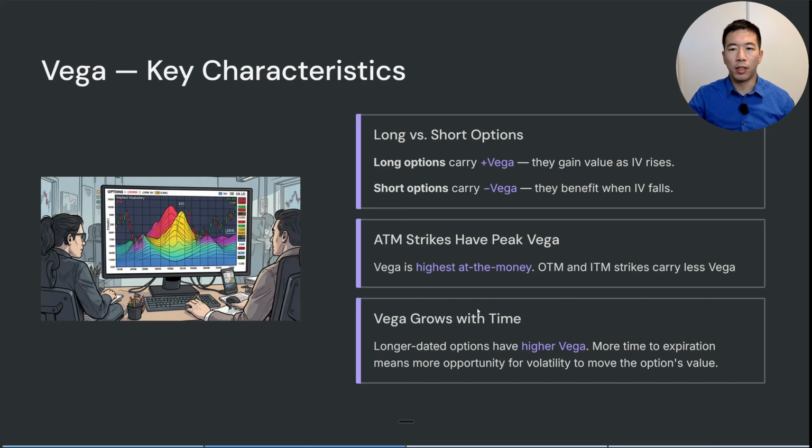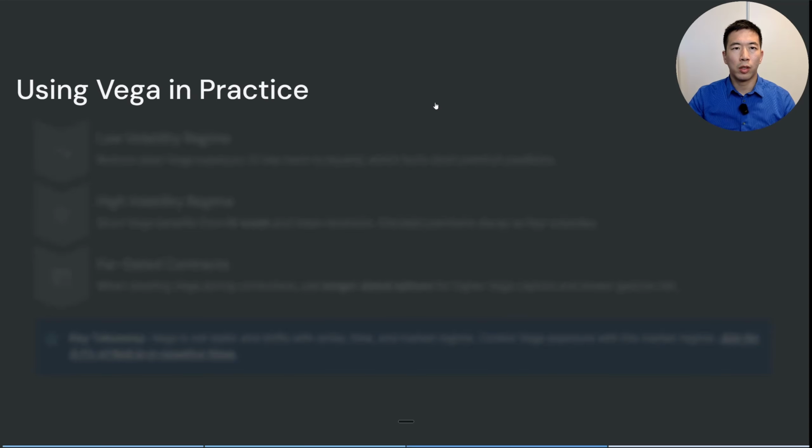The third important characteristic about Vega is that Vega grows with time. Longer dated options have higher Vega. So a 60-day DTE contract will have higher Vega than a 30-day DTE contract. The more time to expiration you have, the more opportunity for volatility to move and change the option's value.